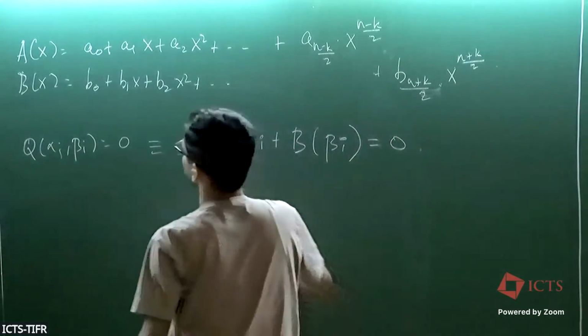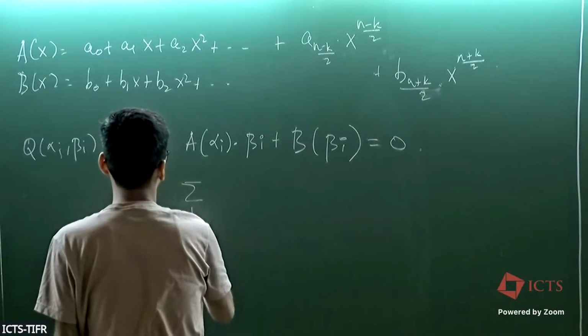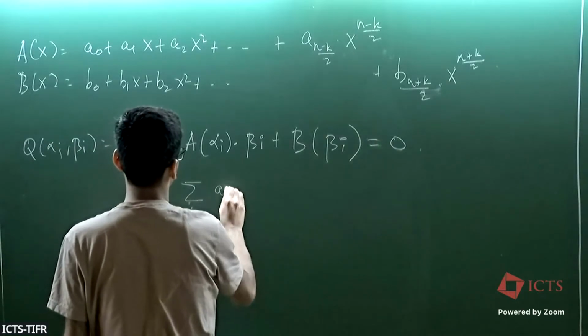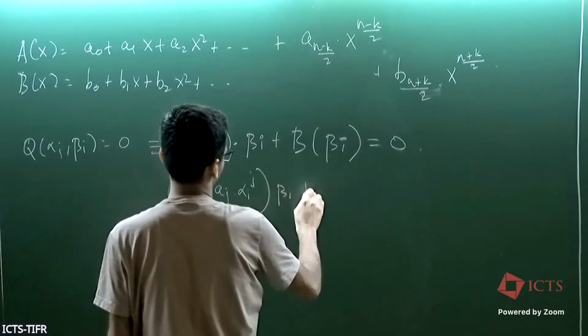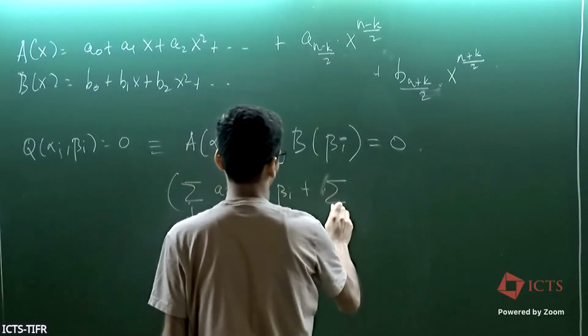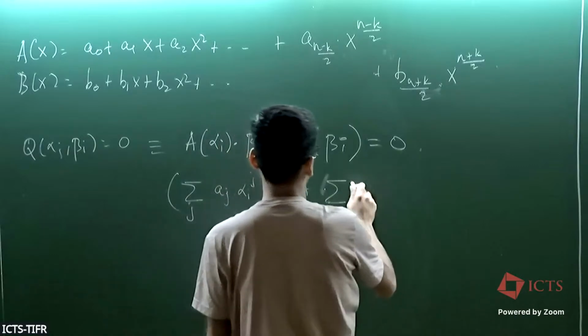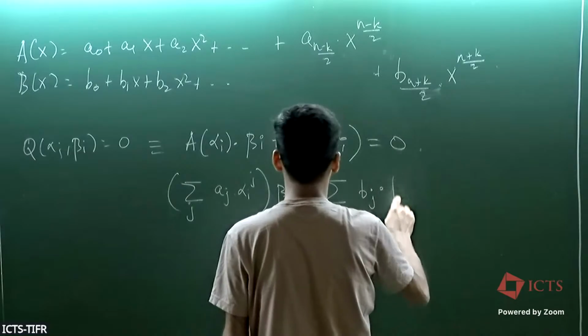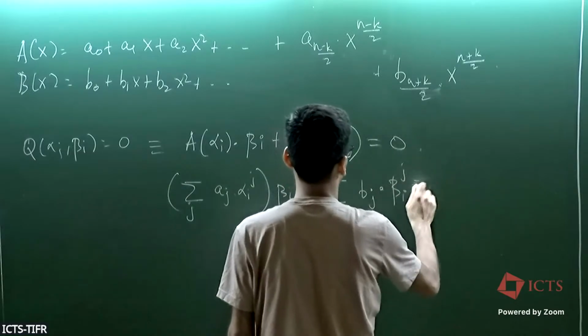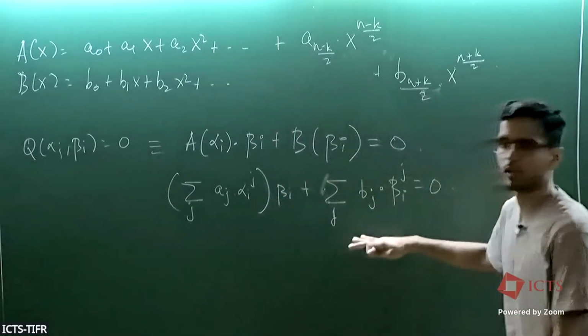But what is A of alpha_i? A of alpha_i is the sum over j of a_j times alpha_i to the j, times beta_i, plus the sum over j of b_j times alpha_i to the j. This is what we are asking for.